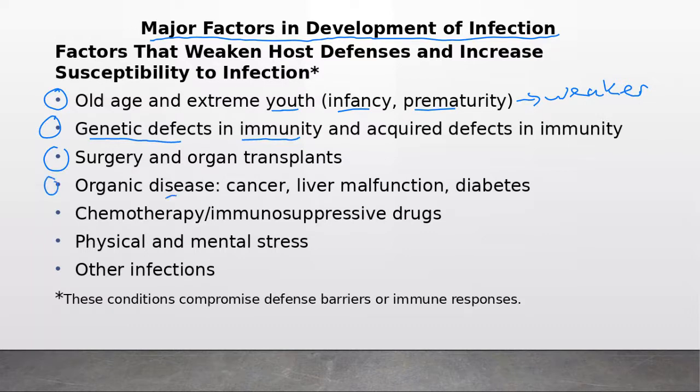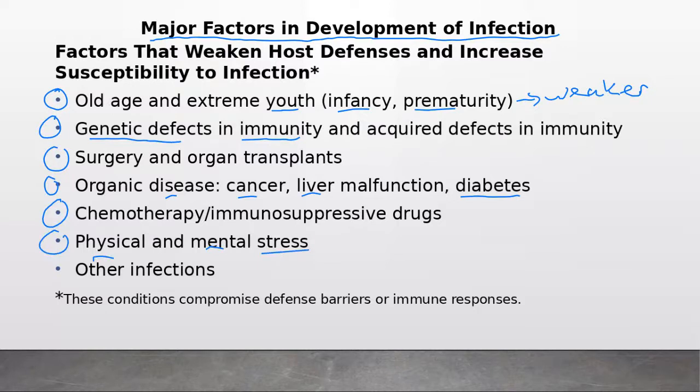Organic disease like cancer, liver malfunction, and diabetes will also increase the risk of having infection. Chemotherapy: people with cancer sometimes have chemotherapy, and chemotherapies most of the time will decrease the immune system. So people with chemotherapy usually also have a higher risk of getting infection.